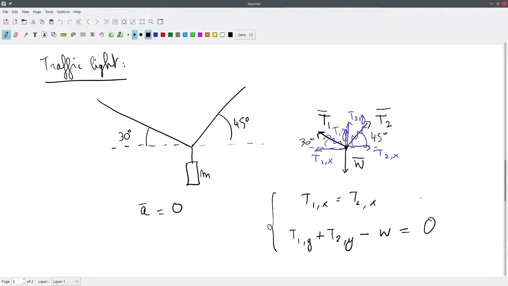And of course, T1x and T1y are going to be related through the tangent of the angle of 30 degrees. So T1y over T1x will be the tangent of 30 degrees, and similarly for T2, but with 45 degrees.